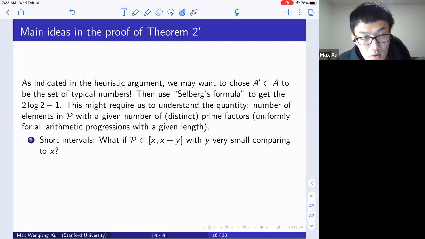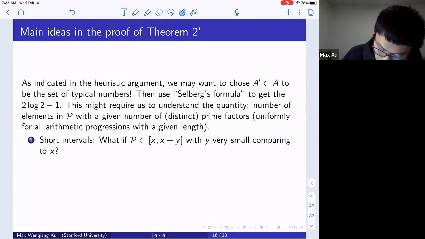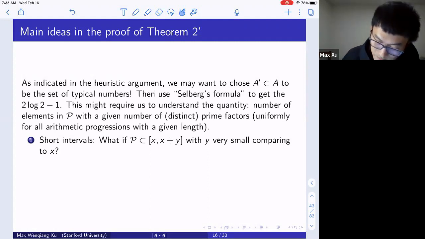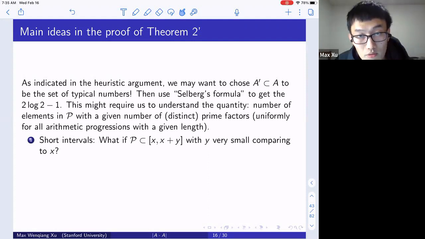There are some obstructions. For example, what if your P itself contained a very, very short interval? By short interval, I mean the length y of this interval is much smaller than x. Then obviously we cannot say much about this function pi_k(x), counting the number of elements in your arithmetic progression with k prime factors.